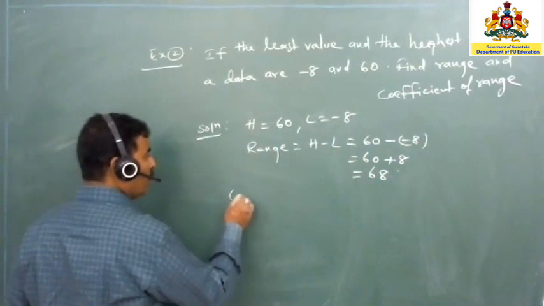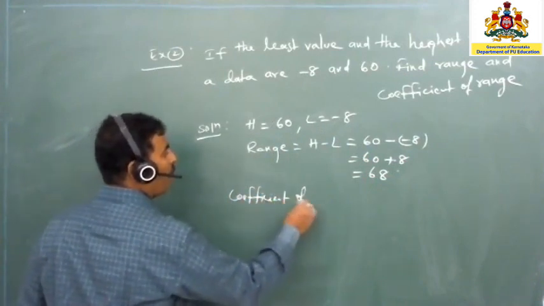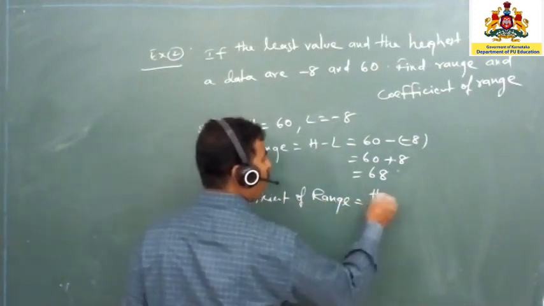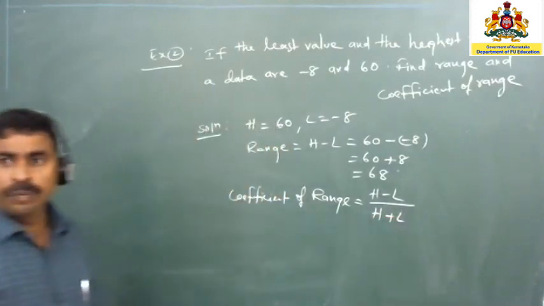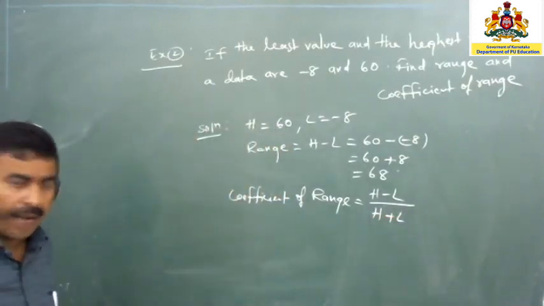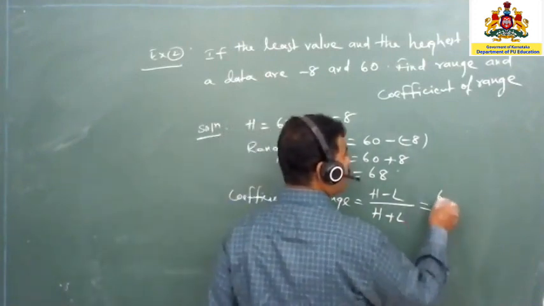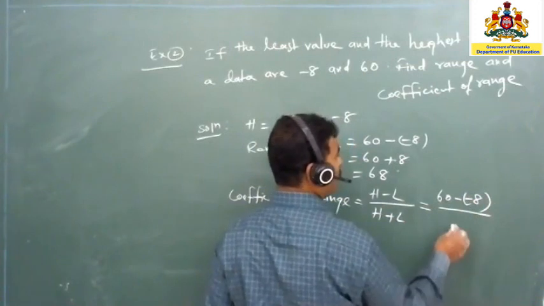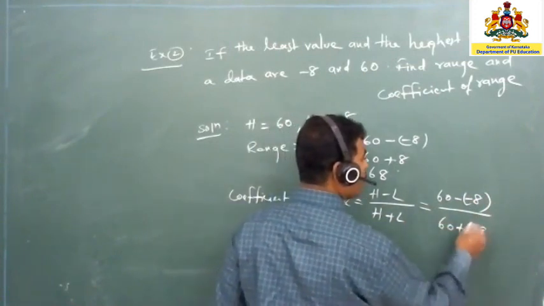Coefficient of range equal to H minus L by H plus L, which is 60 minus of minus 8 by 60 plus minus 8.